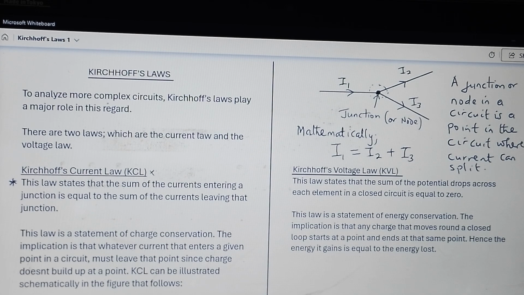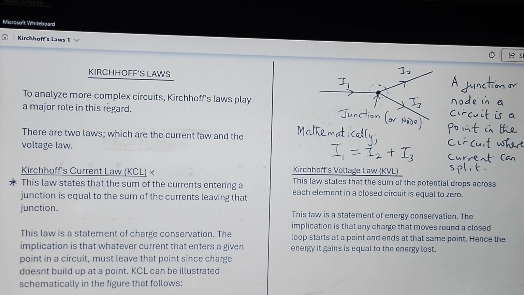Then you move on to apply the voltage law. What does that law state? The law tells us that the sum of the potential drops across each element in a closed circuit or a closed loop is equivalent to 0. This law is actually a statement of conservation of energy.